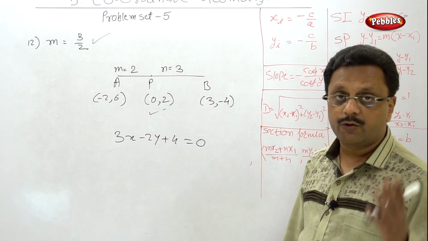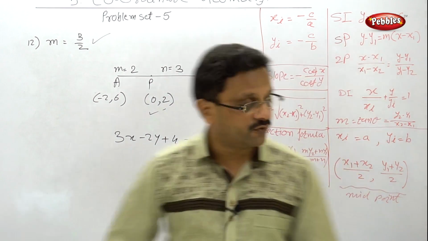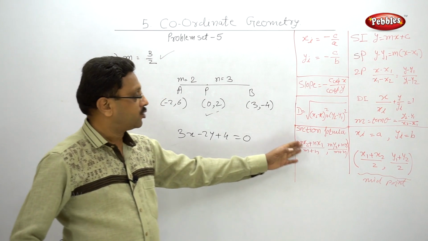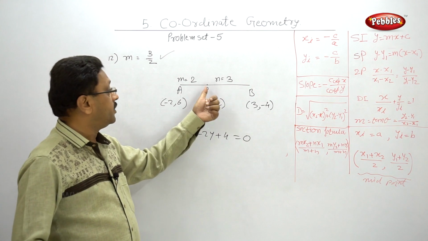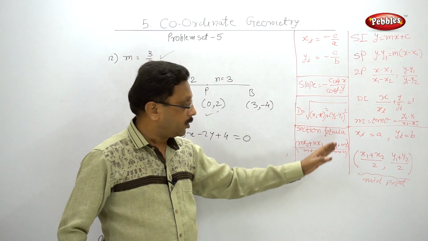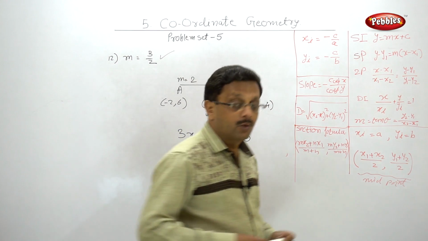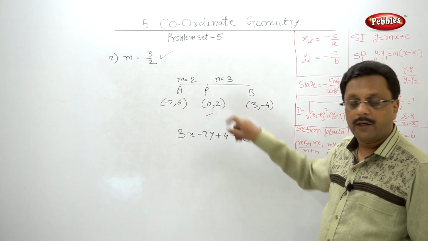That means we have to use a section formula here for internal division, and that section formula is here, (mx2 plus nx1) upon (m plus n), which will give you the x coordinate of this point, and (my2 plus ny1) upon (m plus n) will give you the y coordinate. Okay, let's go ahead.